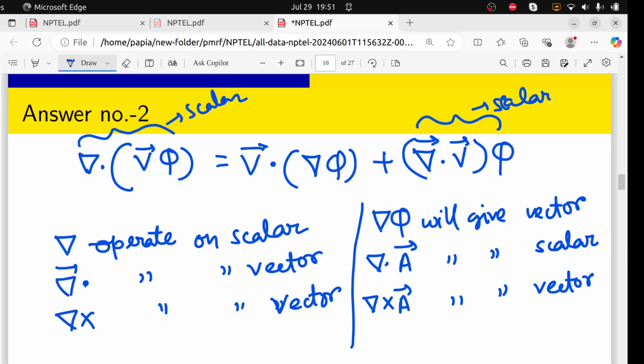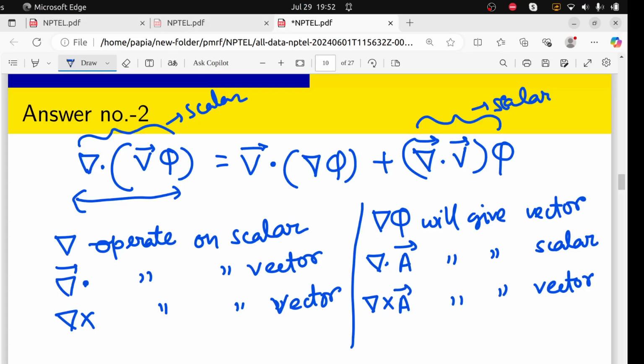So now, just focus on these two. Divergence of a vector, as a whole, will give me a scalar quantity. Is it fine? Yes, ma'am. Okay. So I know that the left hand side will give me a scalar quantity.